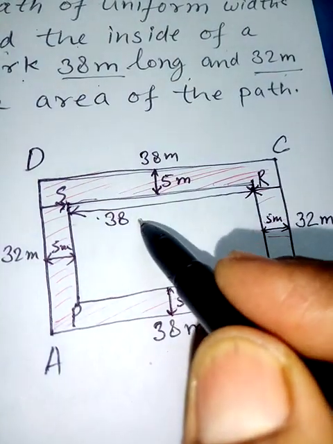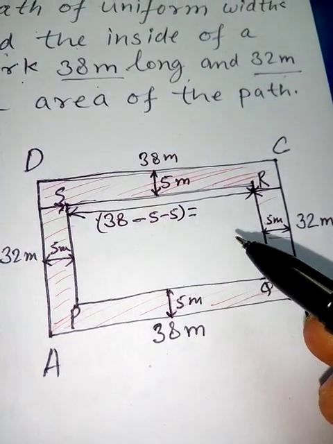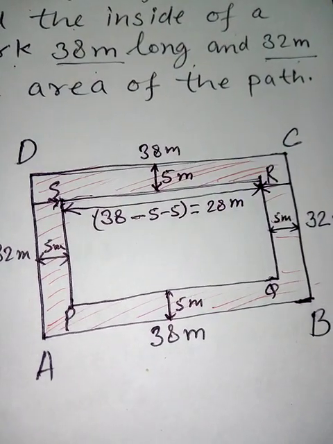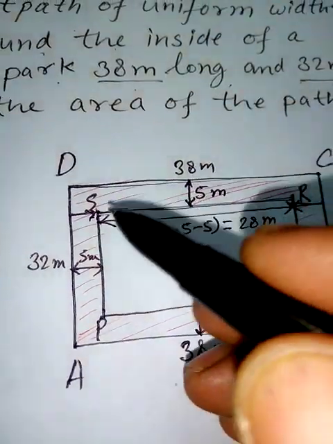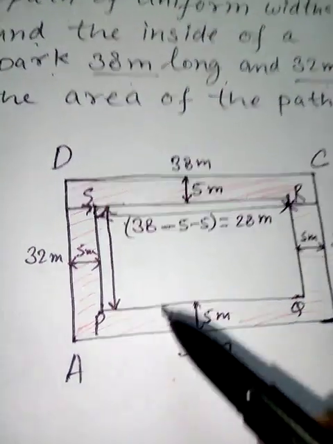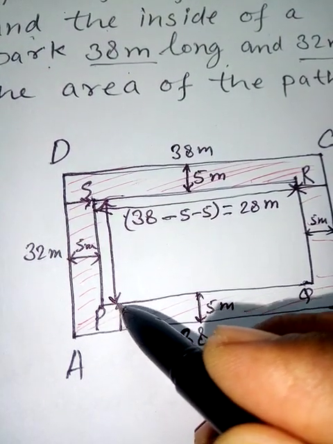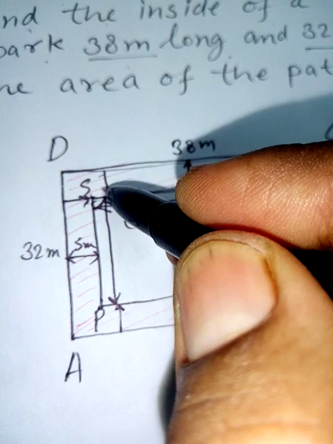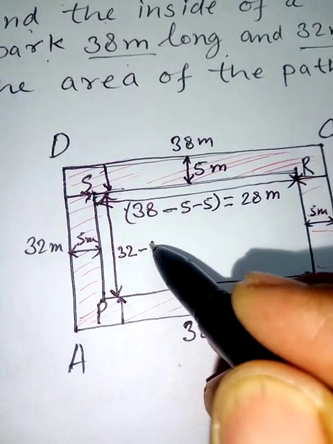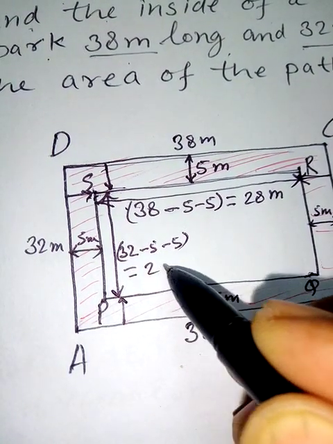So 38 minus 5 minus 5 gives us 28 meter. And in the same way we have to find out the breadth. Here the breadth is also 5 meter less from here and 5 meter less from here. So it will be 32 minus 5 minus 5, that will be 22 meter.